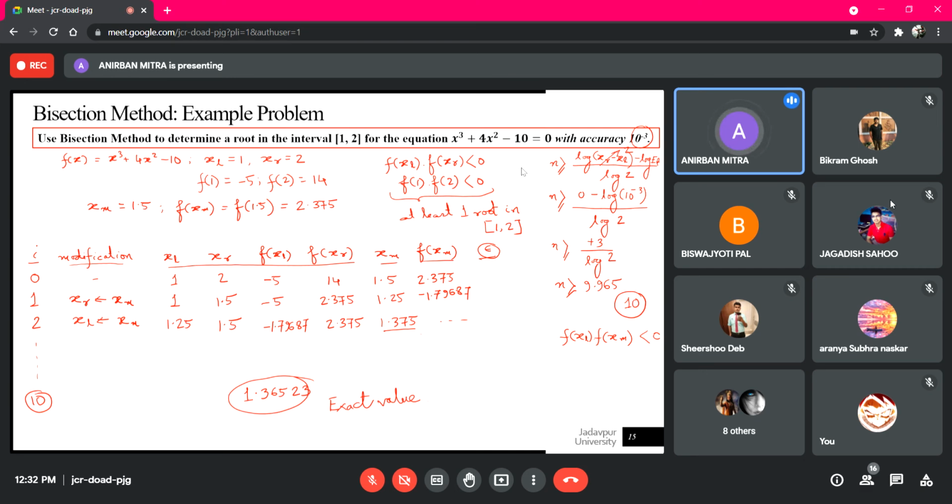If the absolute value of f of xl is less than or equal to, say, 10 to the power minus 7. So we have to use fabs. Yes, sir, we have done such things in programming in our second semester. It happens because of the floating point representation. Sir, when should we increase XL?